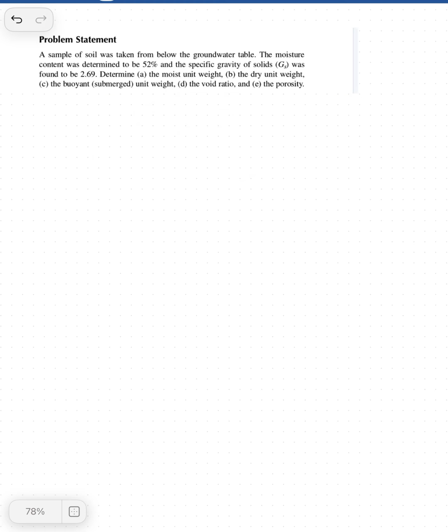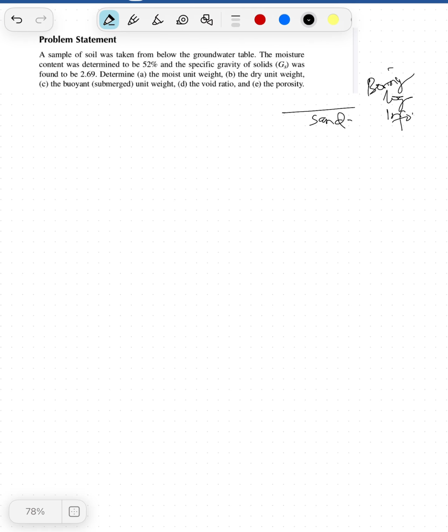It says the sample of soil was taken from below... So most of the time, when you do your exploration, your boring log information, we have sand, most of the time we have clay, sometimes we have sand.